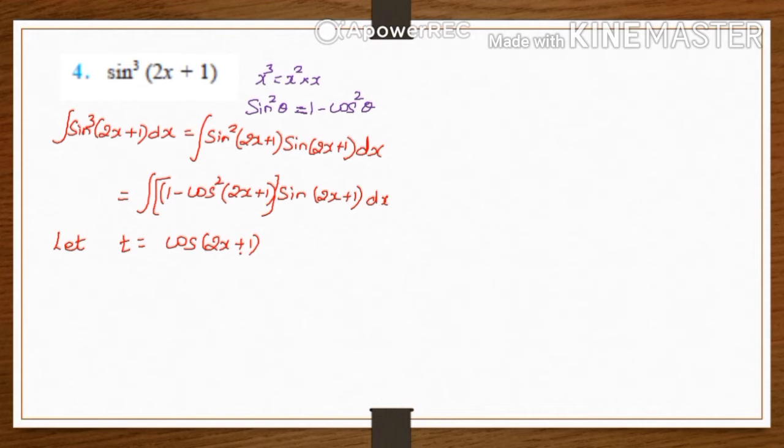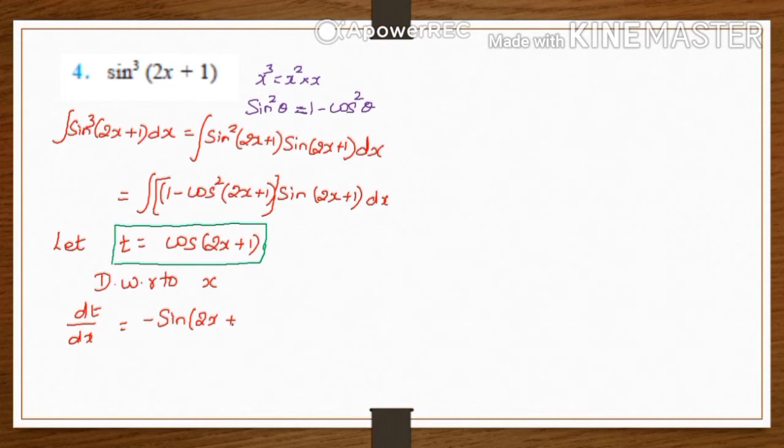Whenever we take a substitution, we have to differentiate that. So differentiating with respect to x, dt divided by dx is equal to the derivative of cos, which gives minus sin (2x plus 1), and the particular 2x plus 1 has to be differentiated.